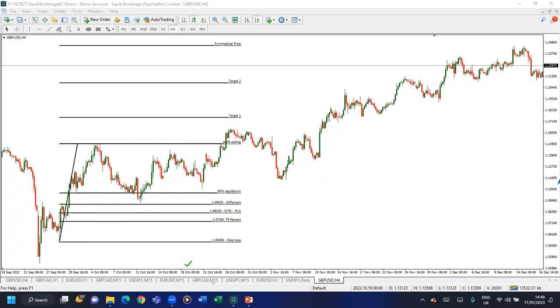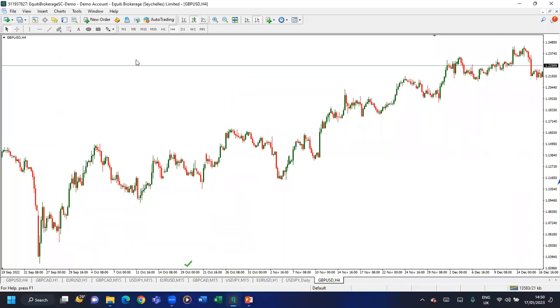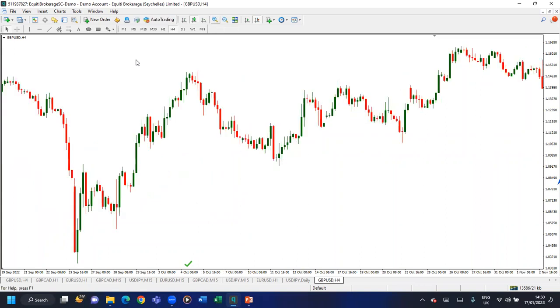I'm going to expand this chart a bit. Equal lows. Stop hunt. We have a structure here.